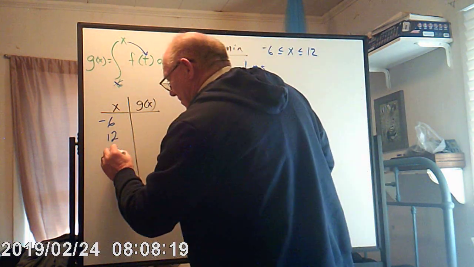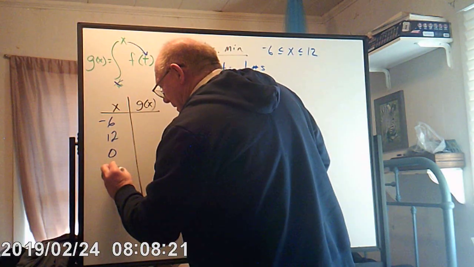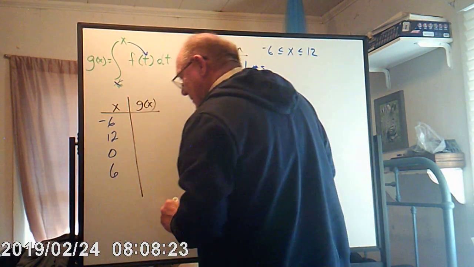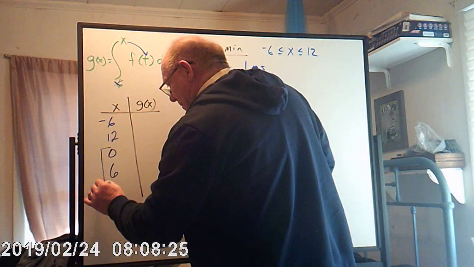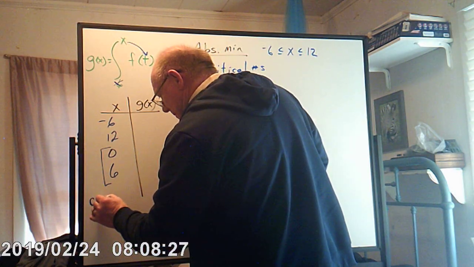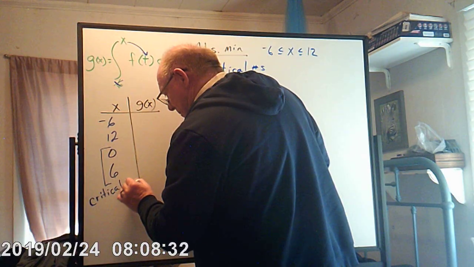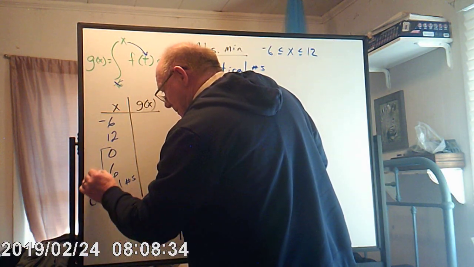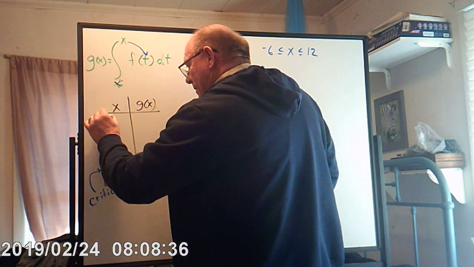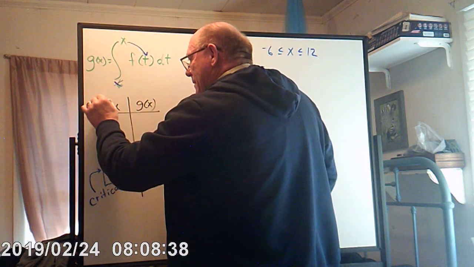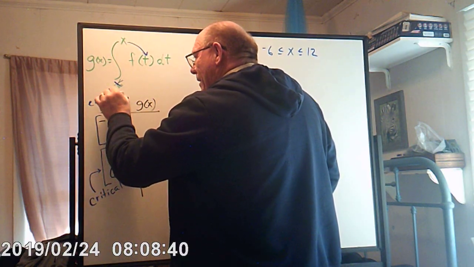Okay. Now f is 0 at 0, and it's at 6. These are the critical numbers right here. These are the endpoints. Why do I use endpoints?